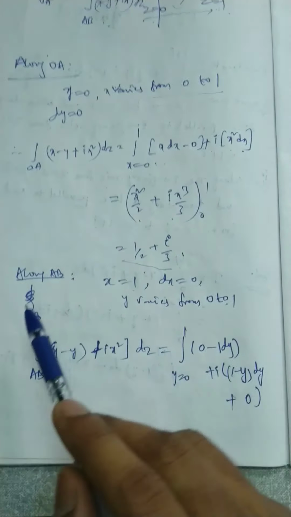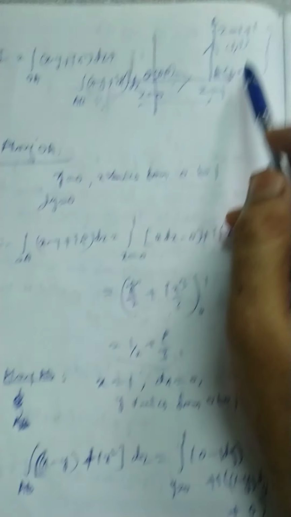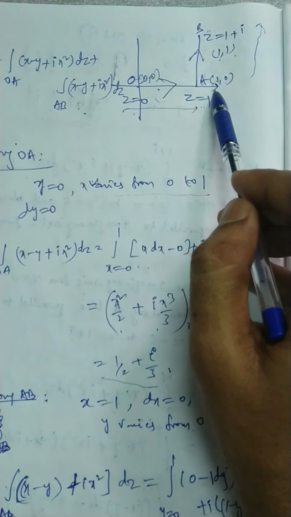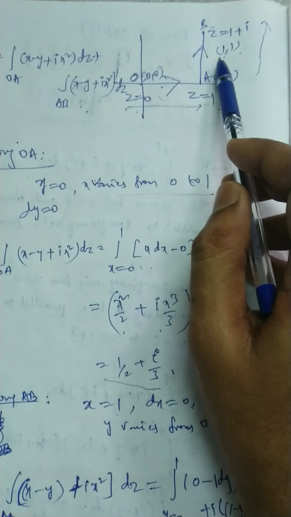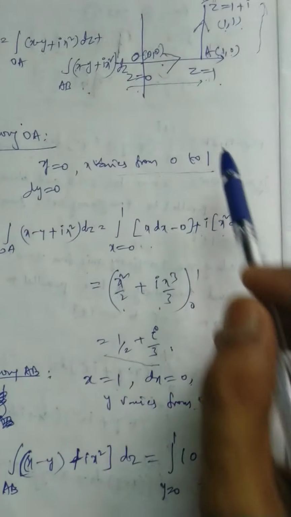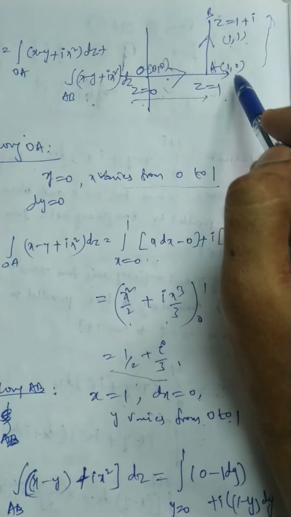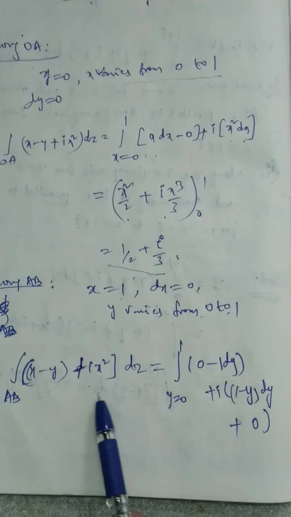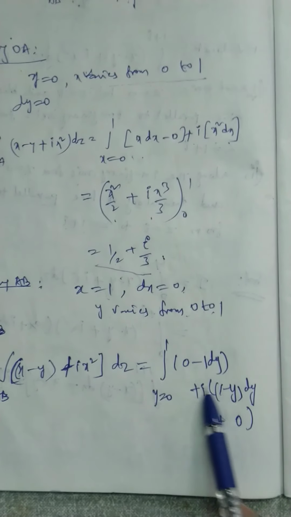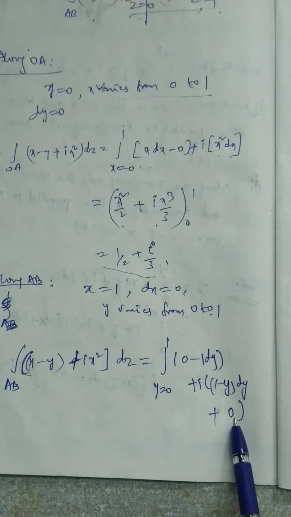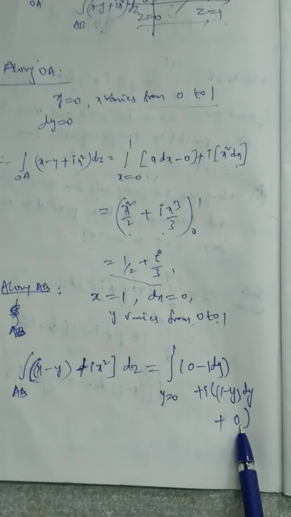Now along AB, the vertical line from A to B, you can see that x is equal to 1 here. So x equal to 1 is fixed and dx will become 0. y varies from 0 to 1. So making use of this information along AB, the integral can be simplified and written in terms of y values only, with respect to x value 1 and dx equal to 0.